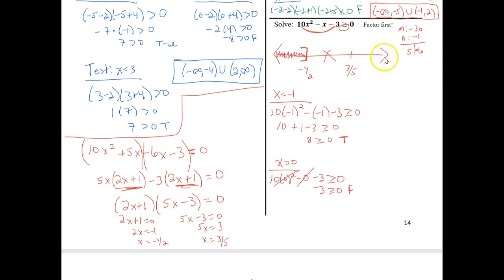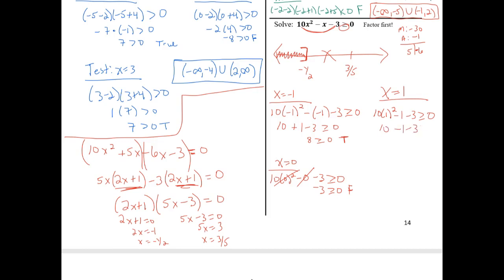Lastly, I need to pick something over here. 3/5 is less than 1 whole, so the next whole number would just be x equals 1. So I'm going to try x equals 1 into my original inequality. 1 squared is 1. 10 times 1 is still 10.